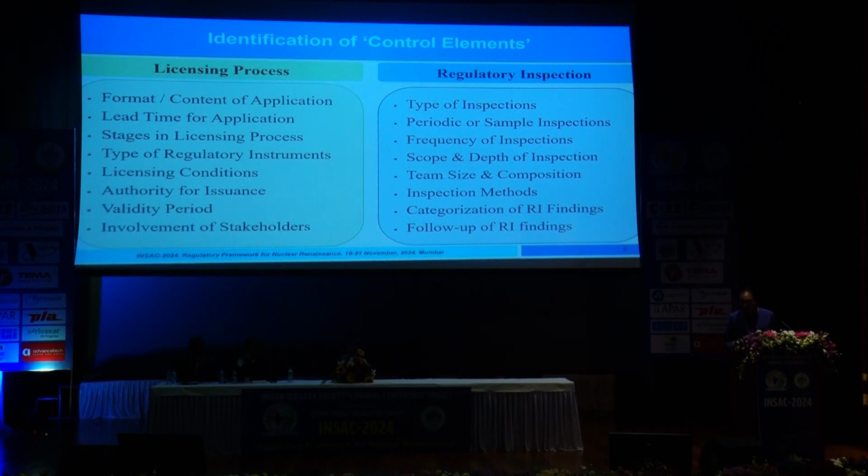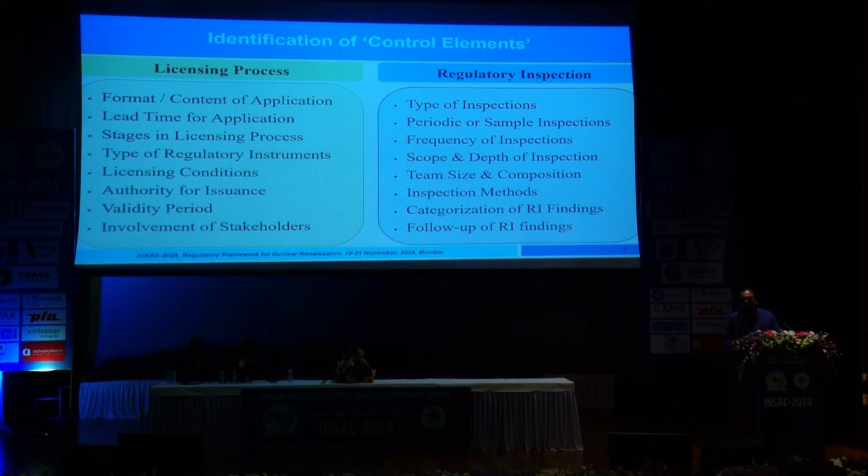For the licensing process, the control elements are the format and content of the application which the applicant has to give for justifying the safety case. What should be the lead time for the application? In what stages should the licensing process be done? For a facility like an NPP, which is complex, stages may be many. For other facilities, it may be limited, or based on experience, even for a repeat kind of NPP, because repeat is another influencing factor.